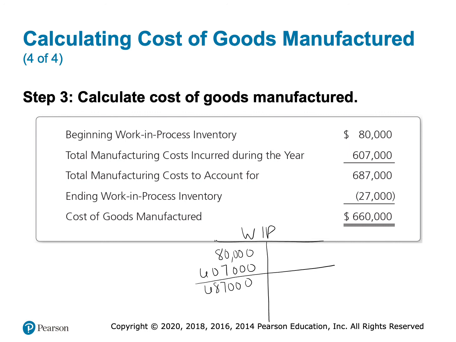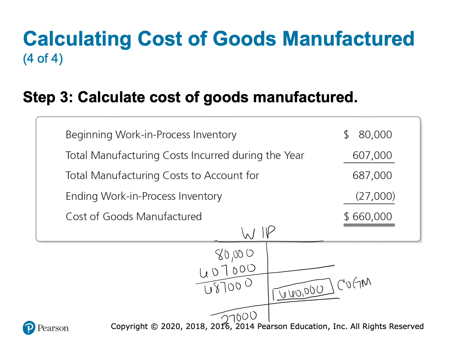If I get to the end of the period and I look at what's still on my conveyor belt, what I'm still working on, and I say, well, that's $27,000 worth, then that means I must have completely finished and manufactured $660,000 worth of goods. This is my cost of goods manufactured amount.